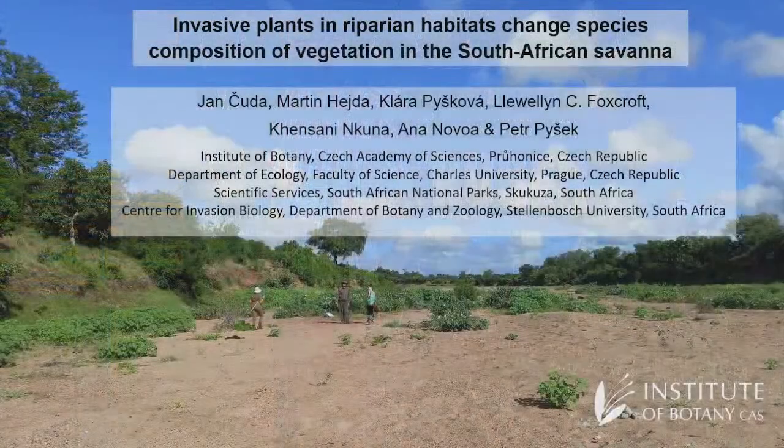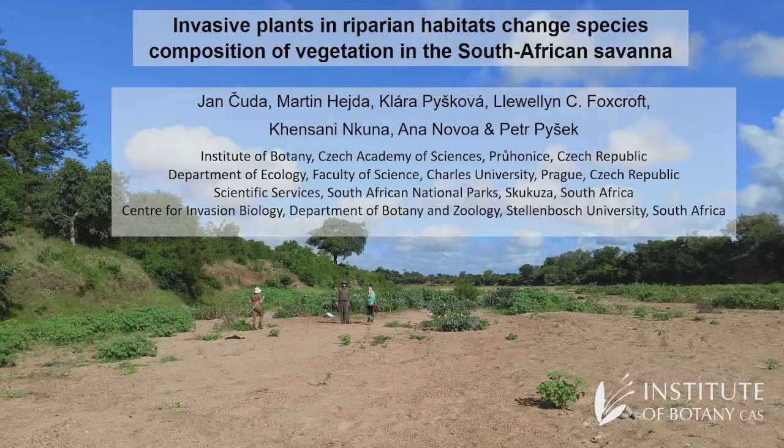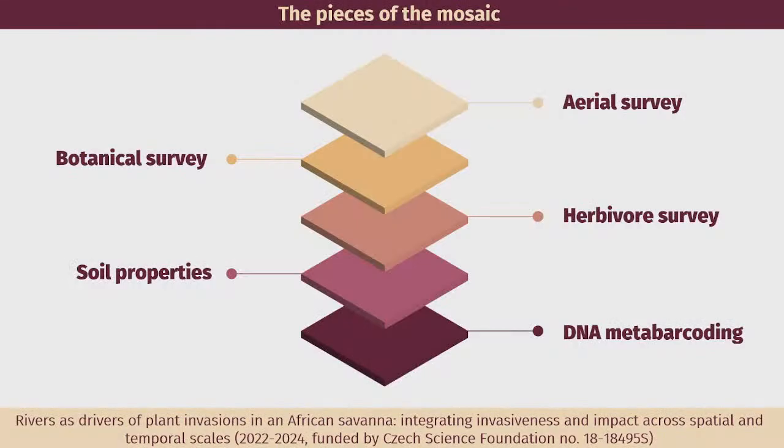Okay, welcome everybody. It's a pleasure to be here, and I'm glad that many people returned from lunch. So my name is Jan Čuda. I am from the Institute of Botany, Czech Academy of Sciences, and I will talk about impacts of invasive species on composition of native plant species here in African savanna in riparian habitats.